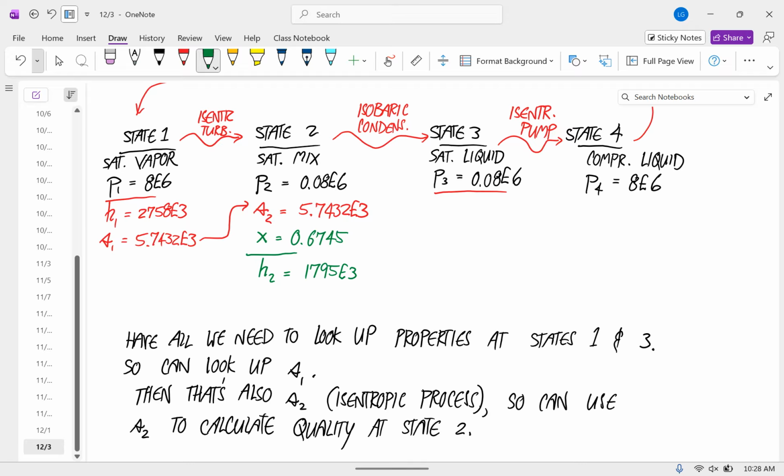State 3, we can look stuff up. So we can just get the enthalpy here. So H3 is equal to 173.88 times 10 to the third.